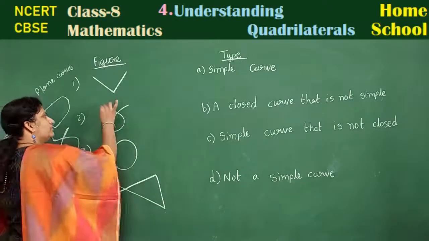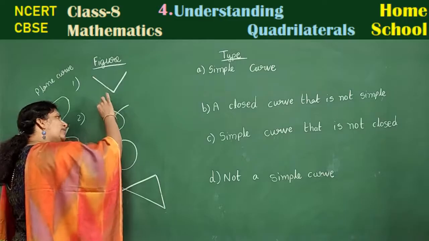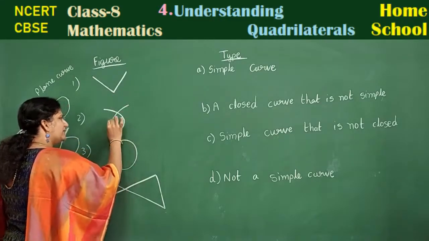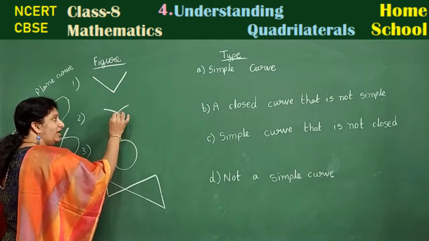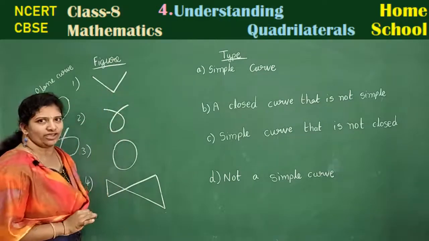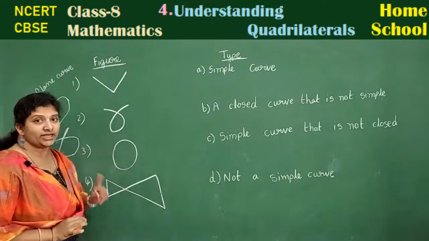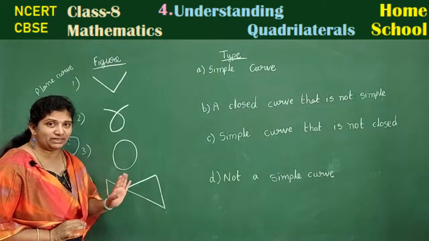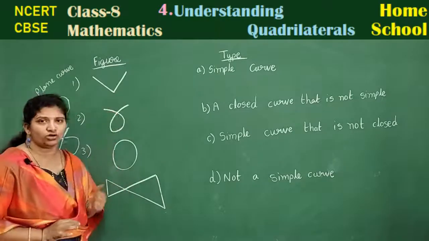Next one. Let me start from one end point. Now what is it doing here? It is passing through the earlier drawing. So it is not a simple curve, and it is also not closed.